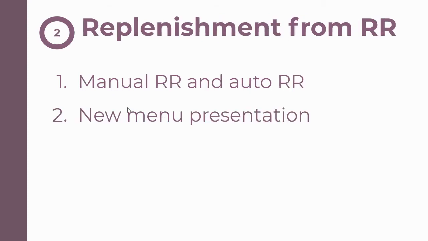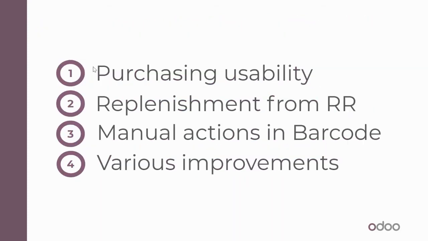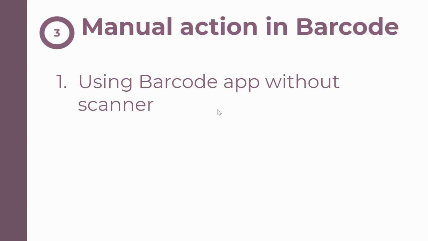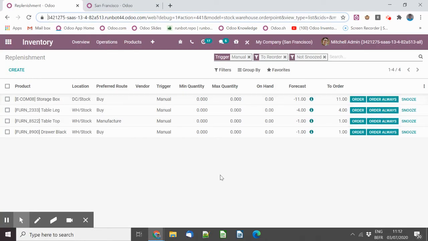The next thing I want to discuss, if I go back to my view, so we discussed the purchasing usability, the replenishment from reordering rules. Now we get into the manual actions with barcode. It will be a bit faster. The idea is that what the POs try to do is as much as possible to align what's possible to be done in the barcode application and in the inventory application.